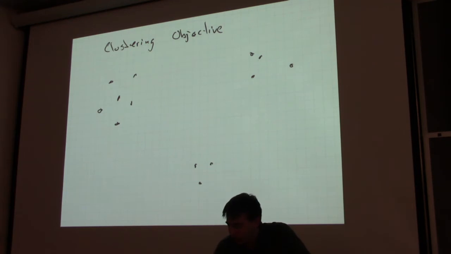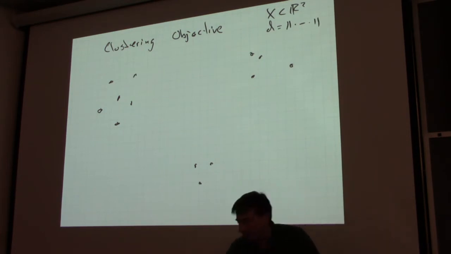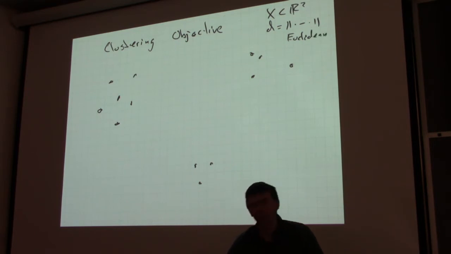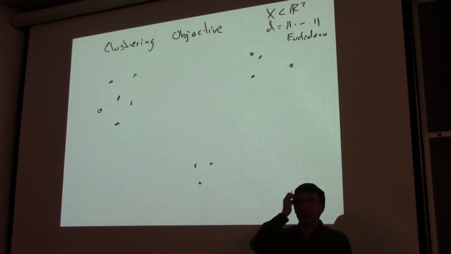So typically x is going to be a subset of R2, and the distance is going to be just the Euclidean distance between 2 points. This will be the default way of thinking.